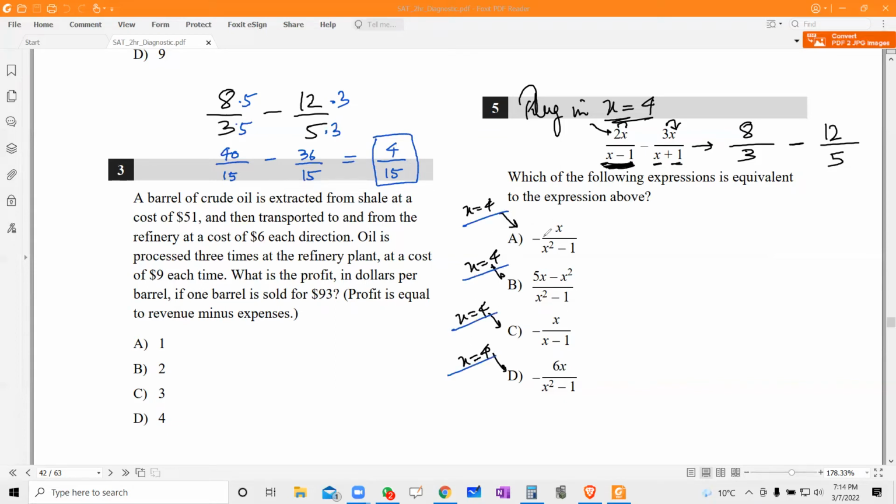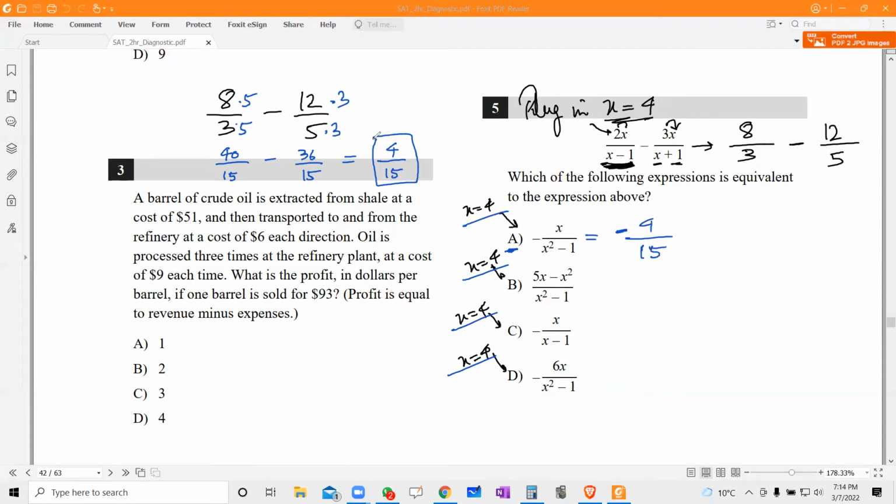Now plug in x as 4 in the first option. Minus 4 divided by 4 squared minus 1; that's 16 minus 1, that's 15. So minus 4 over 15.